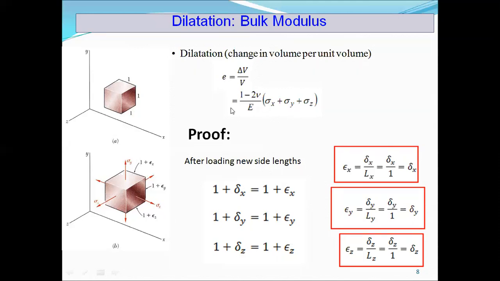In case of general loading, when we have loading in x direction, y direction, and z direction, when there is stress along the x, y, and z directions, then dilatation would be expressed by this mathematical model, where mu is the Poisson's ratio of the material, E is the Young's modulus of the material, and sigma x, sigma y, and sigma z are the stresses along the x, y, and z directions.